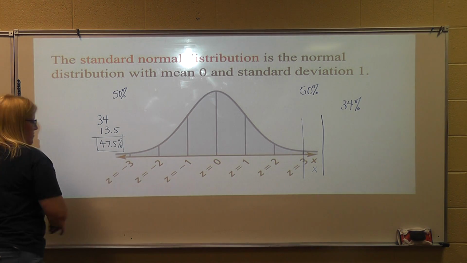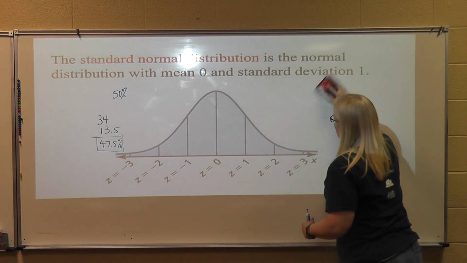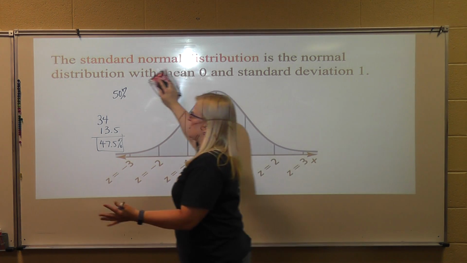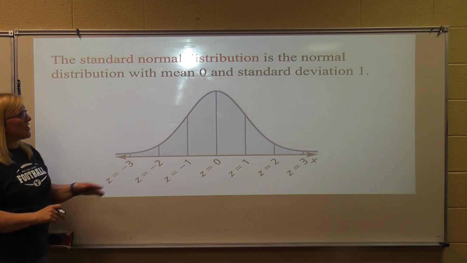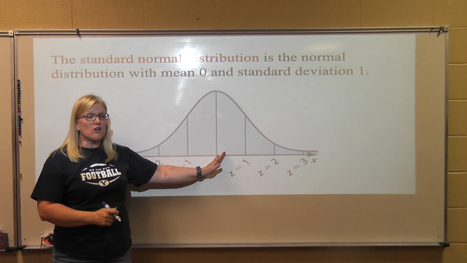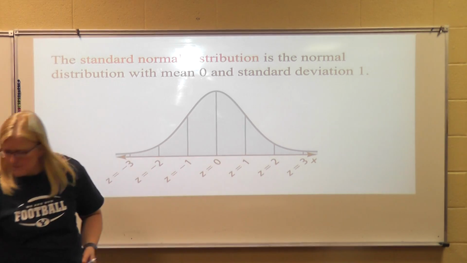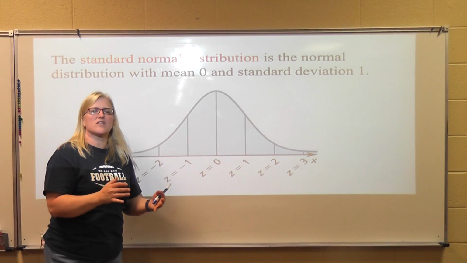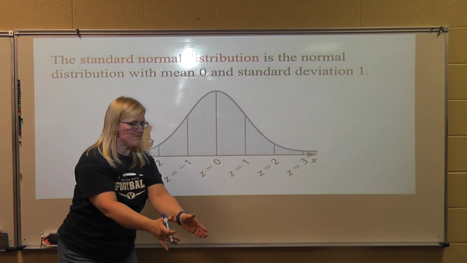So that is a normal distribution. Now they have something that is called a standard normal distribution. And it's just a bell-shaped curve again, but this time the median is 0, and instead of figuring out the standard deviation, they just come out and say the standard deviation is 1.